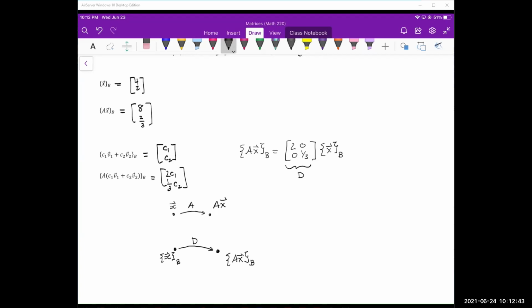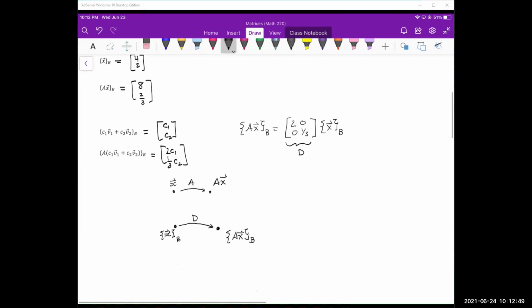And there's a way to translate between these. If we have coordinates, this tells us our weights, and we can go from coordinates to the actual vector it represents using our coordinate matrix, C_B.